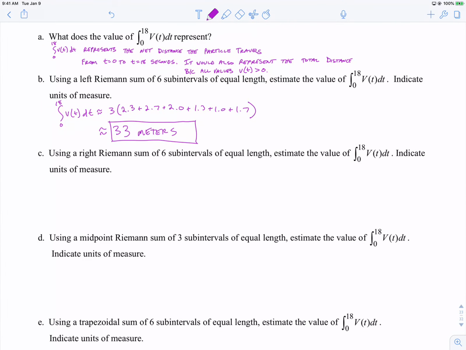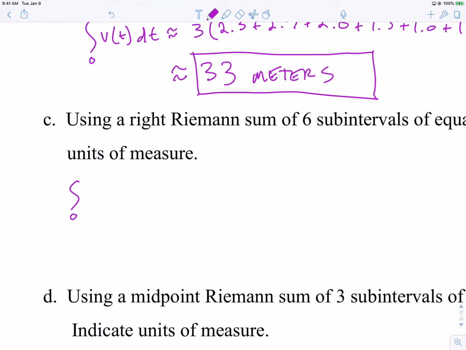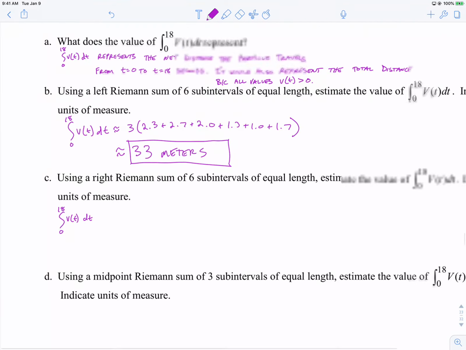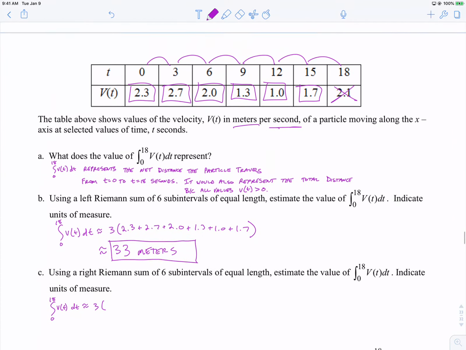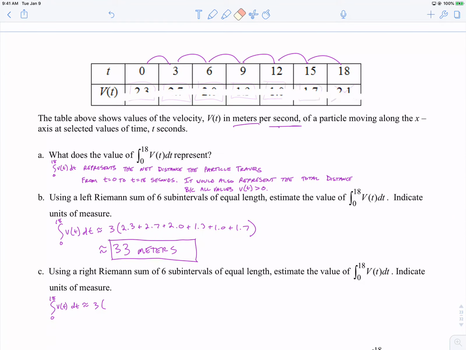Using a right Riemann sum of 6 subintervals of equal length, estimate the value from 0 to 18. So now we're going to do a right Riemann sum. So the widths of all of the rectangles are still 3. But now since we're doing a right-hand sum, we don't use the leftmost height.